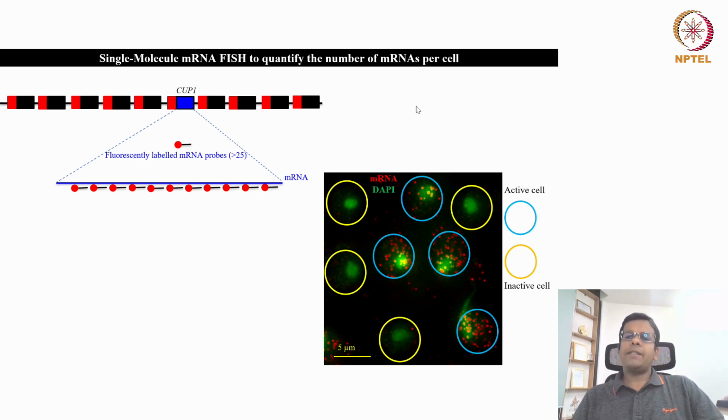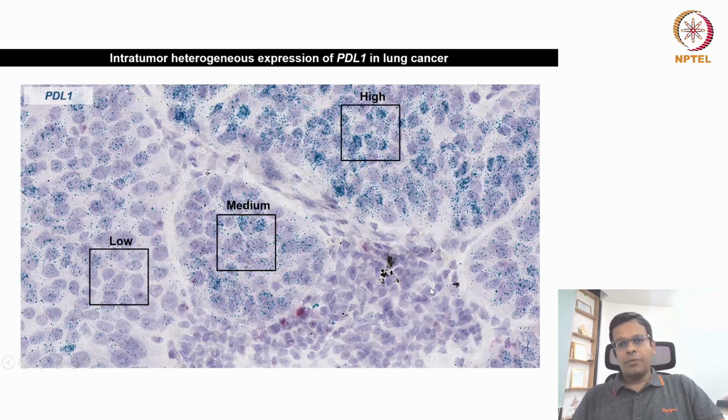Now this is at the cell level. But what will happen if we use this technique at the tissue level? Just like immunofluorescence versus immunohistochemistry: in immunofluorescence you can stain individual cells, but in immunohistochemistry you use it for staining a tissue sample. So what will happen if you use this technique to see the mRNA expression level in an entire tissue?